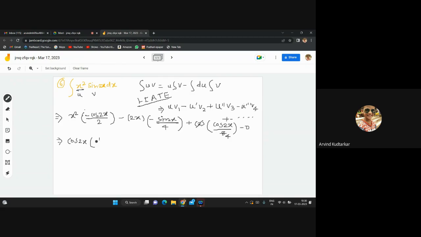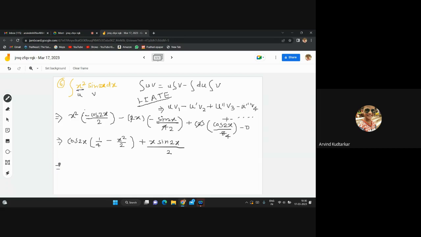Okay, so 1 by 4 minus x square by 2, and minus minus plus 2, these 2 get cancelled, 2 2s are 4, so plus x into sine 2x upon 2.